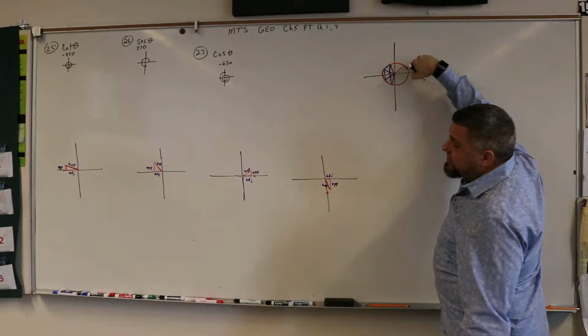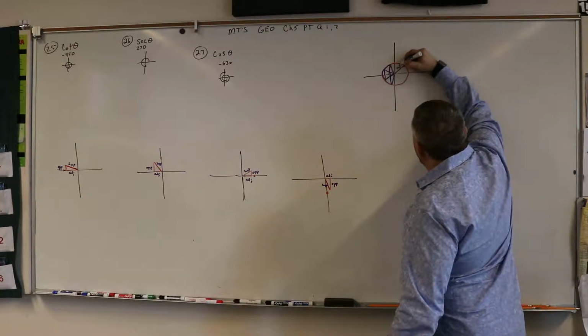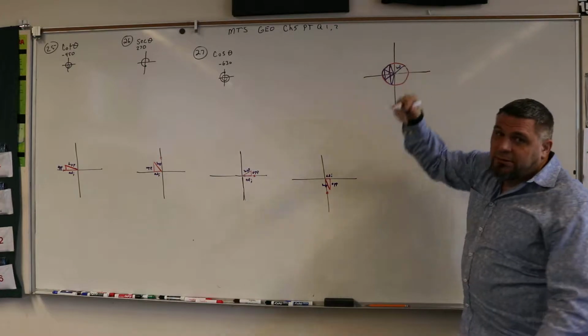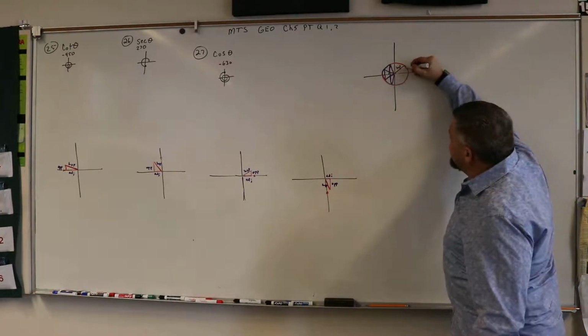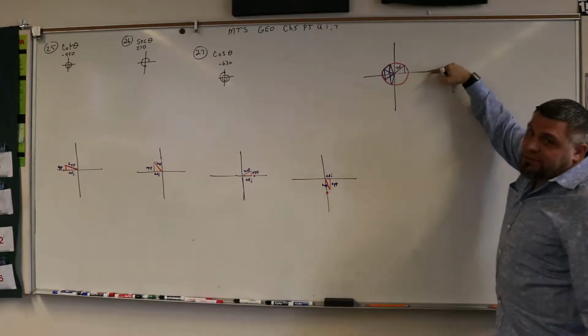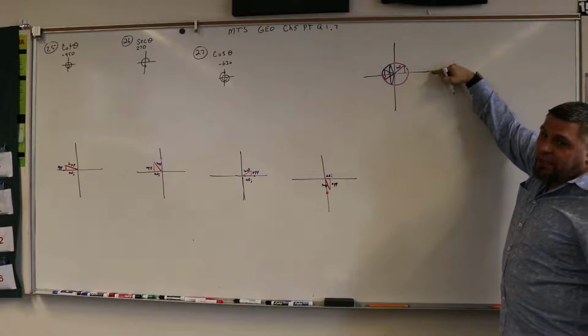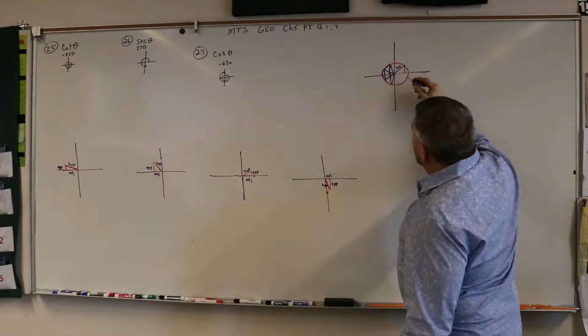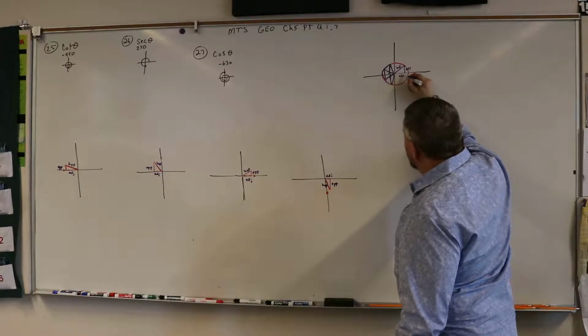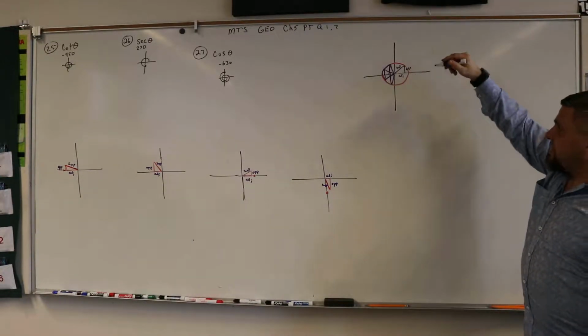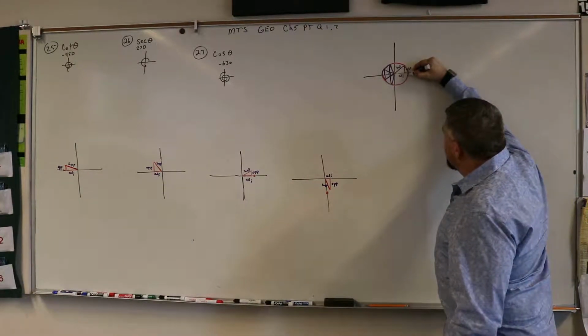But then the reference angle is referencing the x-axis. So it always creates this opposite side and this adjacent side as it continues around the circle.